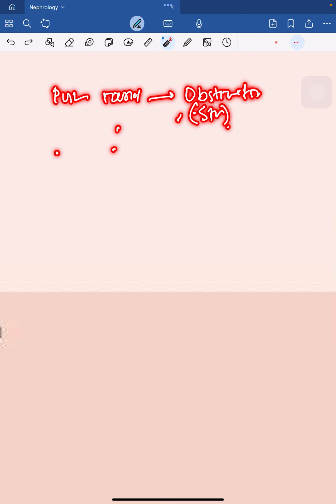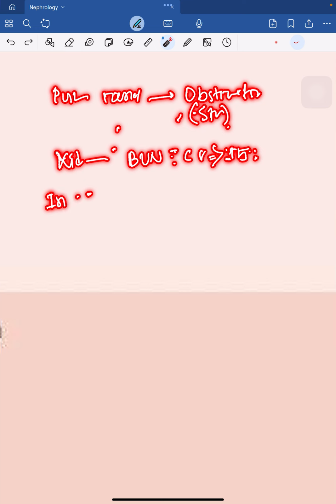So in the first stage of a stone like this, when the kidney remains intact, the BUN to creatinine ratio should be normal, like 15, and in the long run, after a few days, I want to draw a figure.